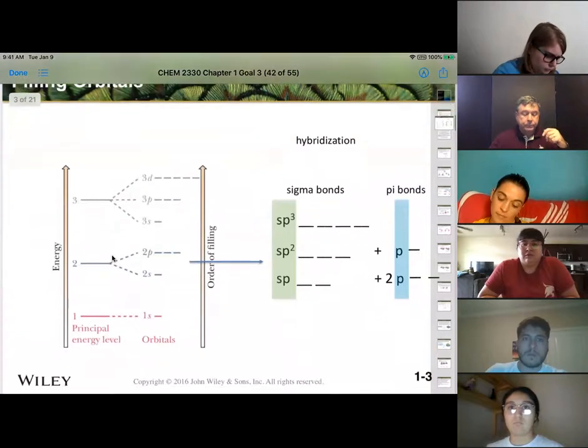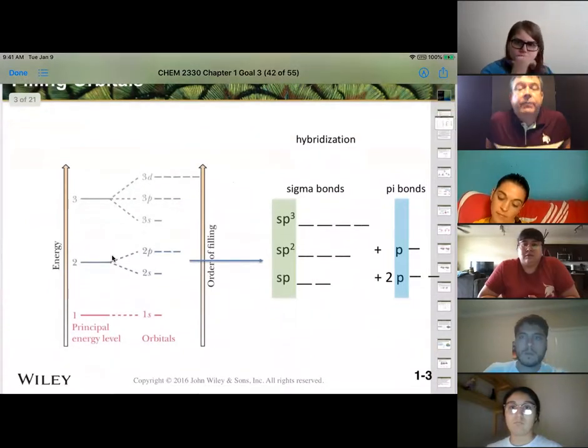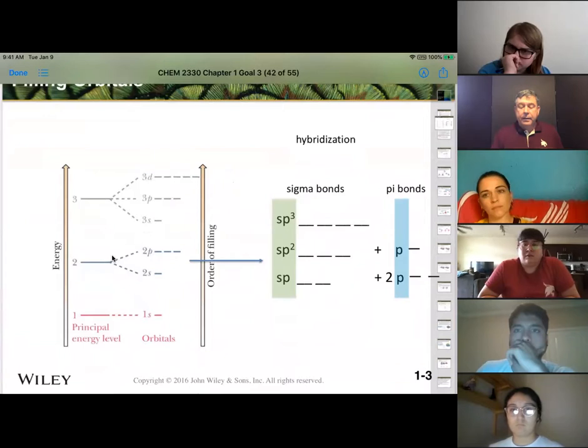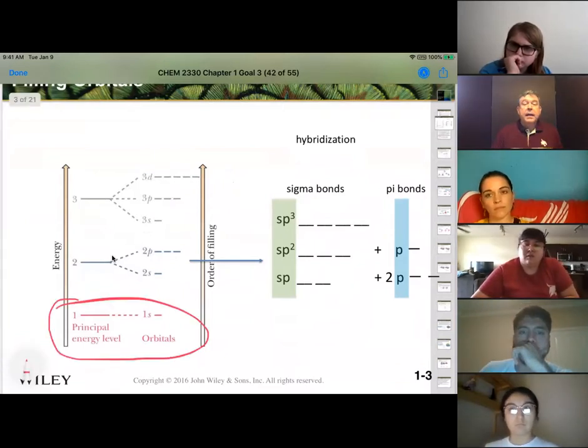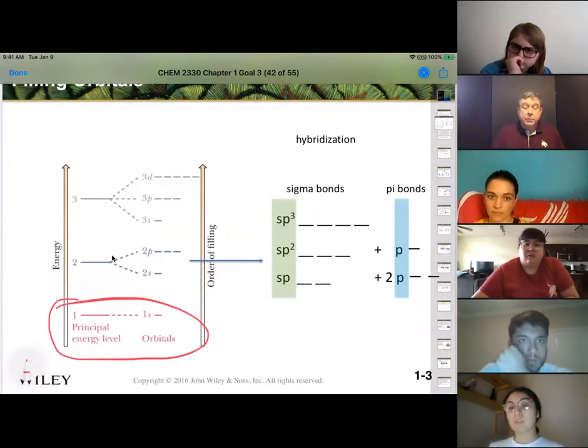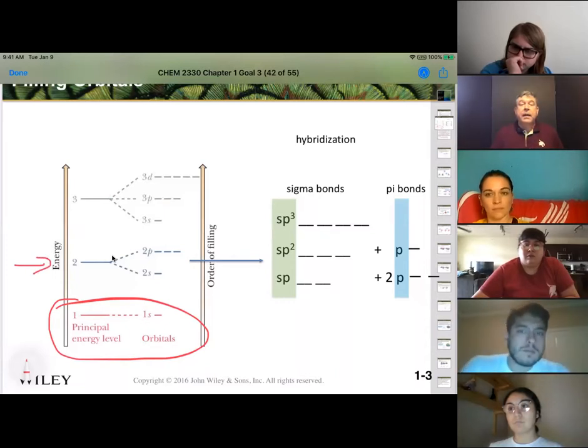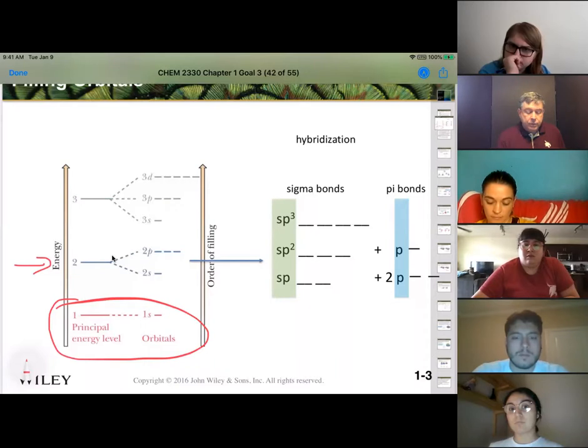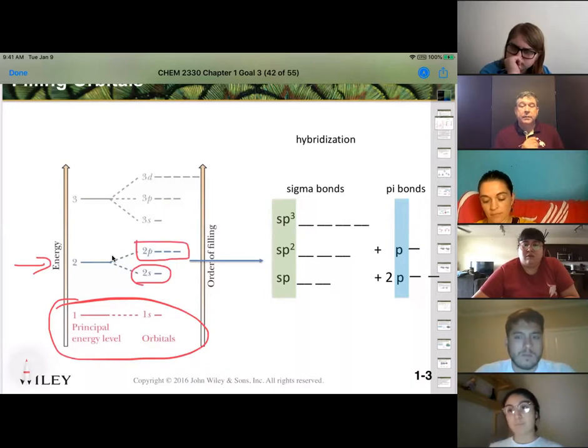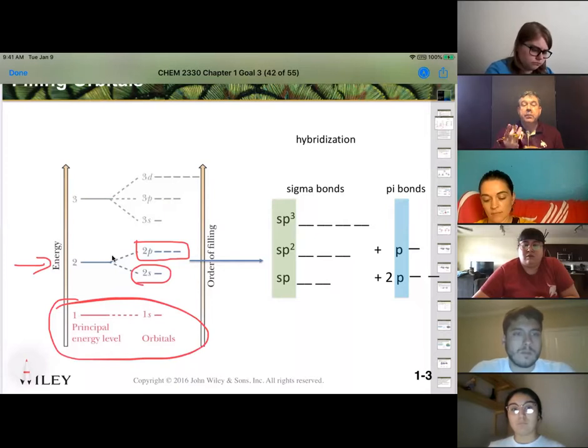When we looked at these energy levels before, we saw that they had different structures, and our lowest energy level right here, our 1s, had a spherical orbital, and that's all it did. Now, most of the atoms we've been dealing with are actually in this group 2 energy level. It has 2 electrons that can fit in its spherical orbital, and then we have a total of 3 equivalent, degenerate orbitals that are at a slightly higher level.